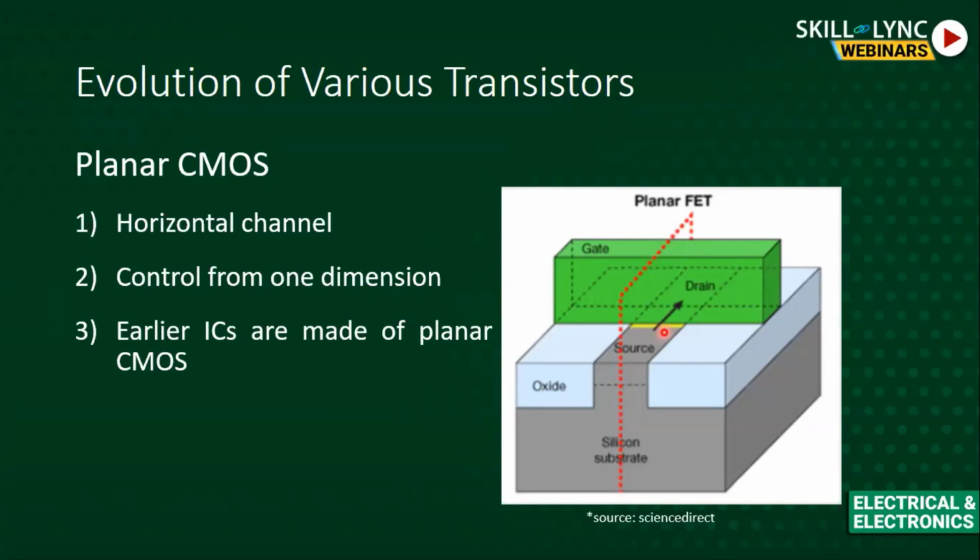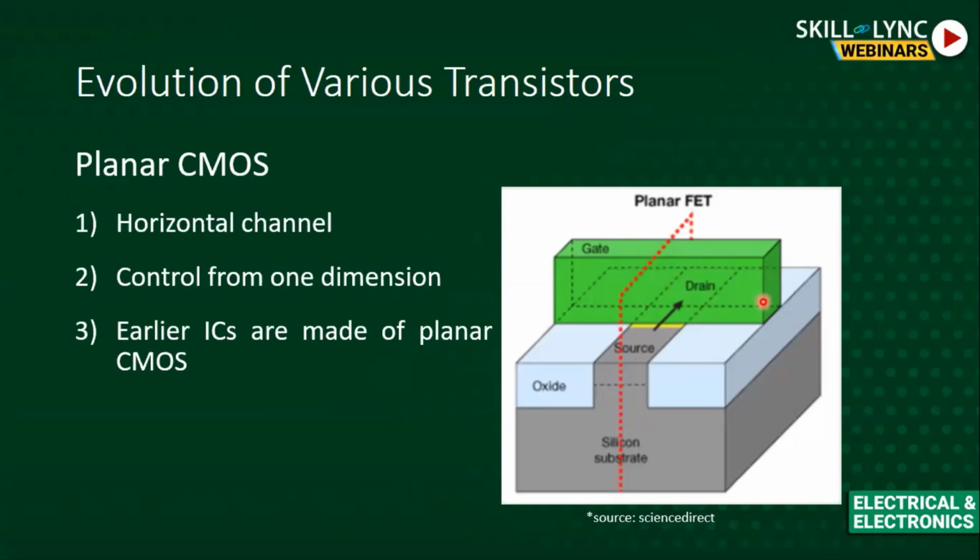If the technology node is shrinking, that means the distance from source to drain keeps decreasing, and we are controlling it only from the top, from one dimension. So the controllability will decrease as we go further down the line.